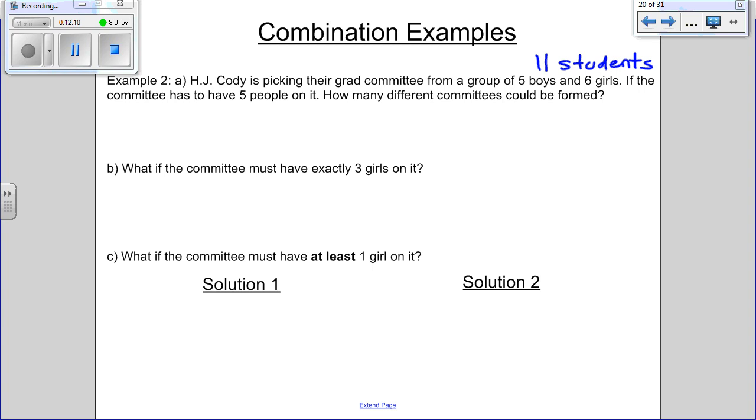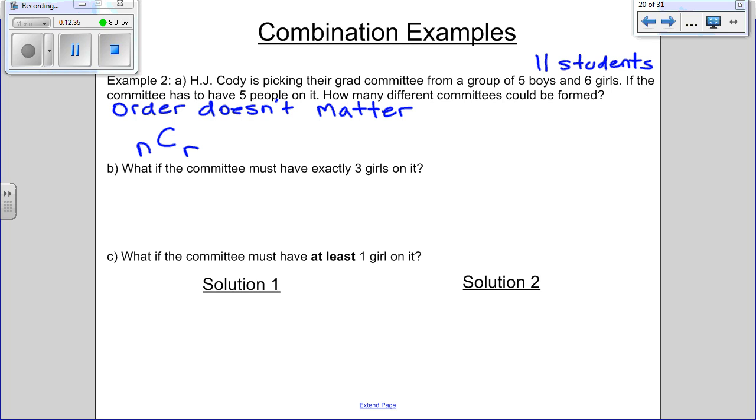That's the first thing I always ask myself. Order doesn't matter. And as soon as you recognize that order doesn't matter, you know you're dealing with combination. Order doesn't matter. I'm doing a combination. I'm going to use the formula NCR. N is the number of students I can choose from.